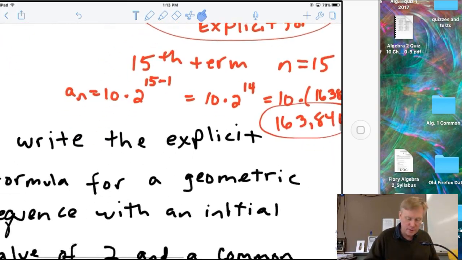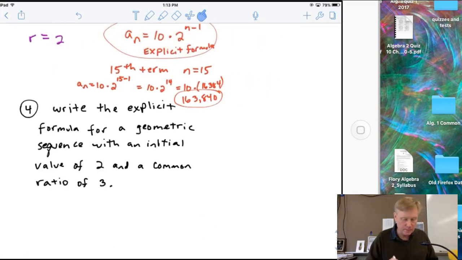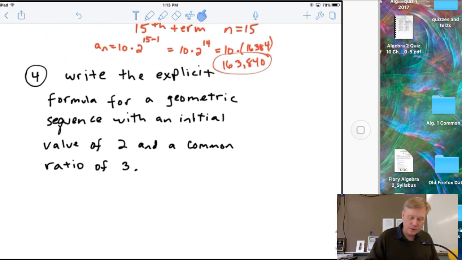Okay, that's about as hard as they get. Let me zoom out a little bit here. Next one, write an explicit formula for a geometric sequence with an initial value of 2 and a common ratio of 3. This one's much easier.